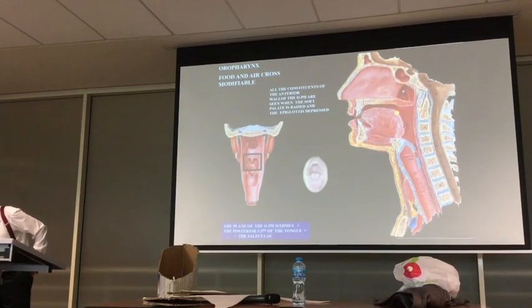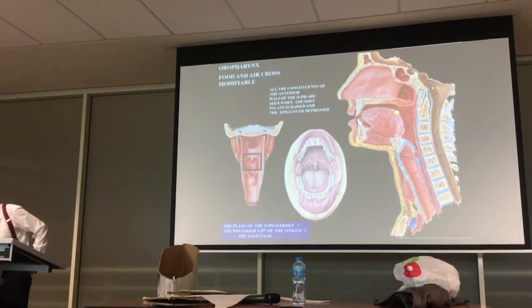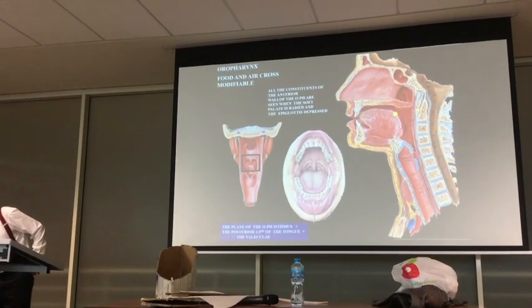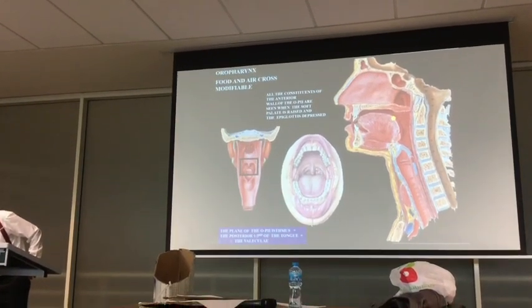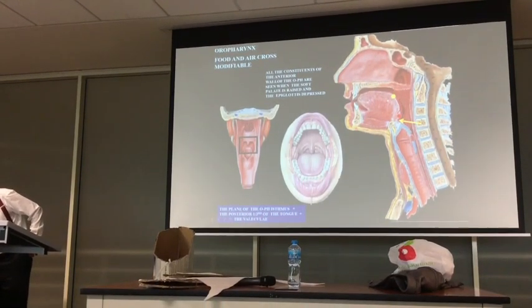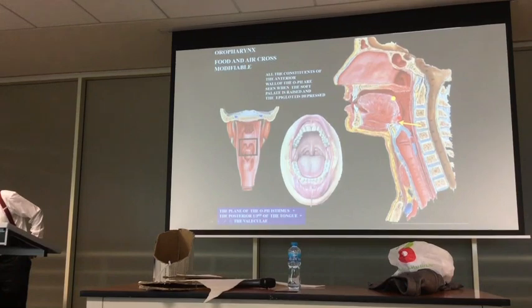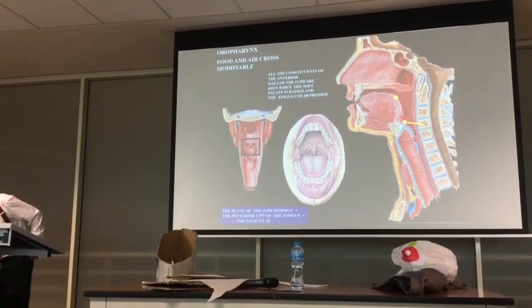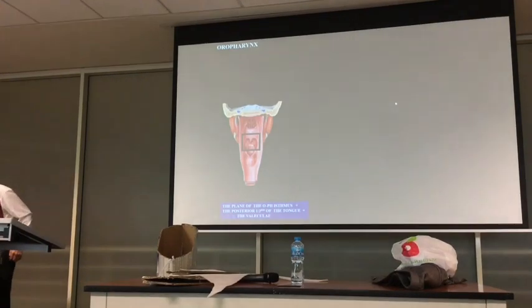Let's go to the oropharynx to see what's important. In the oropharynx, the most important thing is my tonsil, between the second and the third fold. I also want you to know that the posterior third of the tongue is in the oropharynx, not in the oral cavity.